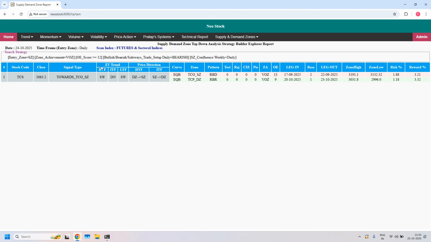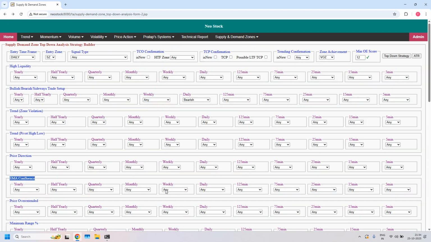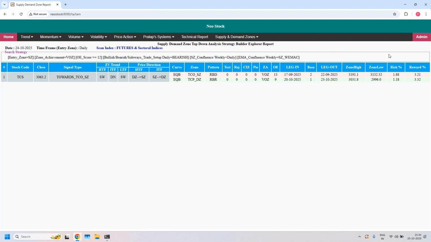Let's verify weekly supply zone having weekly EMA, because weekly trend is downtrend. Weekly supply zone with weekly EMA and trend on the weekly. Anyway, trend on the weekly is downtrend, so it is filtered. So that means this daily supply zone having high probability to get success.